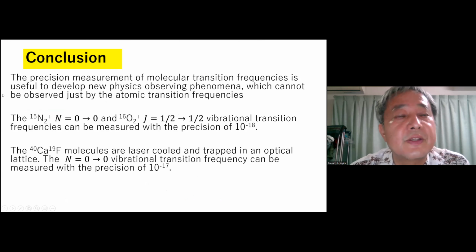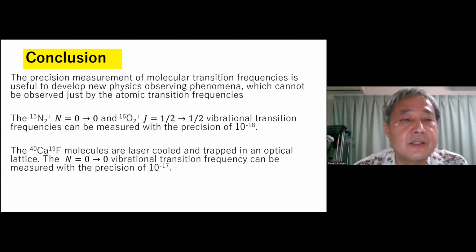In conclusion, the precision measurement of molecular transition frequencies is useful to develop new physics, observing phenomena which cannot be observed just by atomic transition frequencies. The pure vibrational transition frequencies of 15N2+ or 16O2+ can be measured with a precision of 10⁻¹⁸.